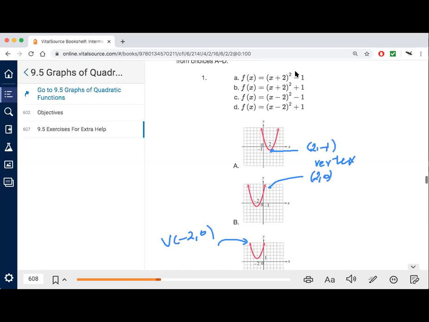Yes, it's opposite. This number has to be the same, but the number next to the x is the opposite. So this one actually matches this one. I know it may not make sense, but that's actually how it works. Even though you see 2 here, you may be tempted to say this is the same as this, but it's not. These have to be opposite, but this one needs to be the same. Okay, so this is basically C.